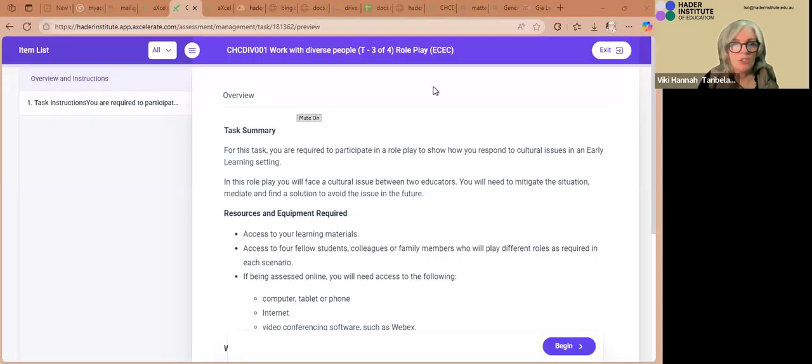I've just got on our screen now what might look slightly different, just a different colour. You can see CHCDIV001, work with diverse people, and it's T3 of 4, so that means task 3 of 4 tasks.